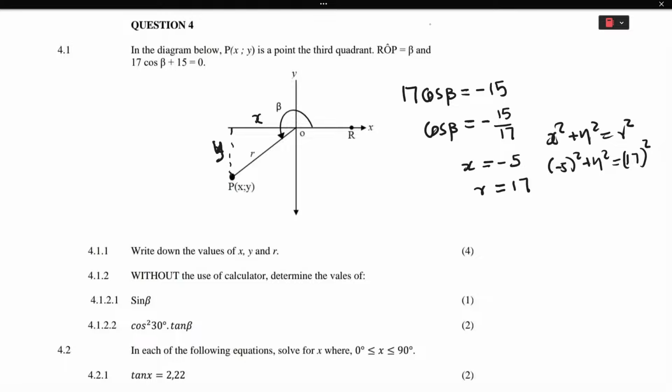Then y is equal to the square root of 17 squared minus minus 5 squared. Y should be plus or minus. Don't forget about that.